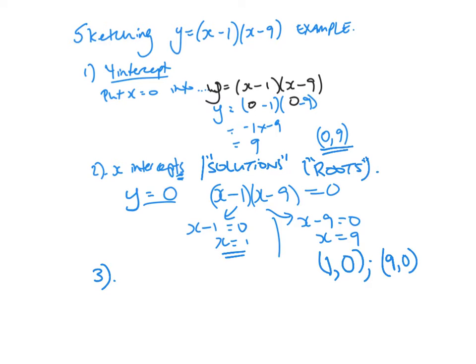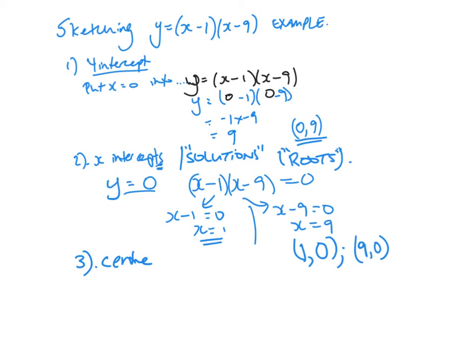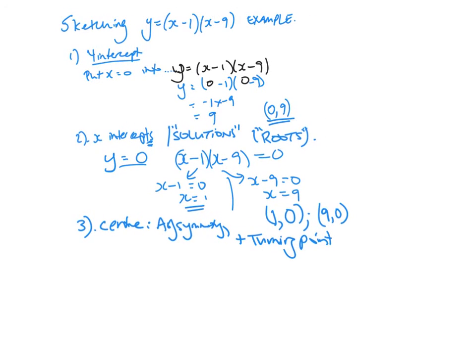Okay, step 3 is the axis of symmetry and turning point. The axis of symmetry is the center line of the graph. Once we find that, we find the turning point. So we're going to go halfway between the solutions or the roots, remember.